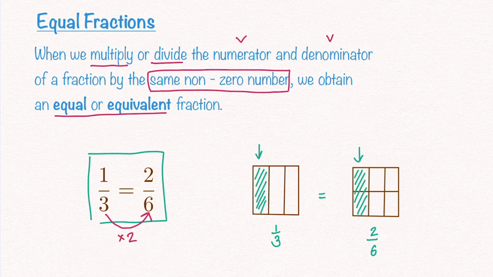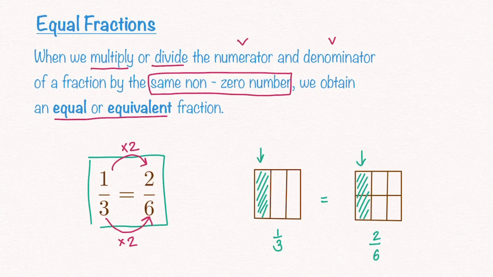And we have to multiply the same non-zero number, which is the 2 in this case. So we're going to times the 2 to the numerator. And we know that by timesing 2 to the numerator and timesing 2 to the denominator, we were able to get our equal fraction.